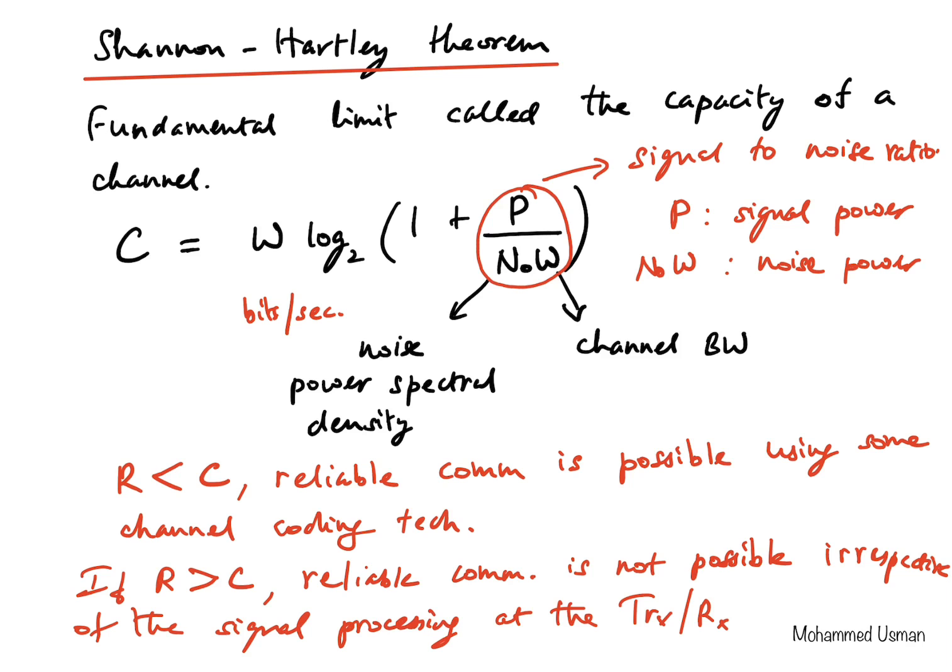Now again, one might ask, if the noise increases, why can't we simply increase the signal power so that the signal to noise ratio is higher? Obviously that is not possible because there is a power limitation. We cannot increase the signal power as much as we want, because there is not enough source of power, first of all, and secondly, transmitting at too much power would mean interfering with other users in a more significant way.